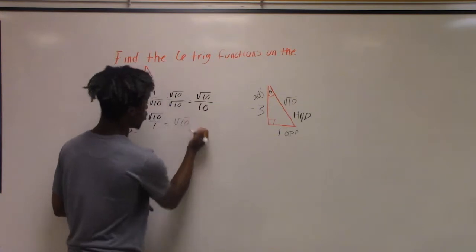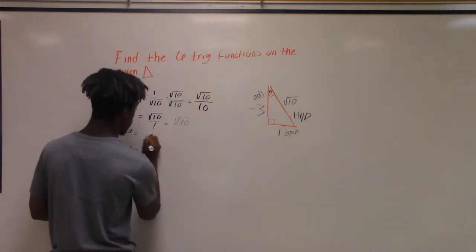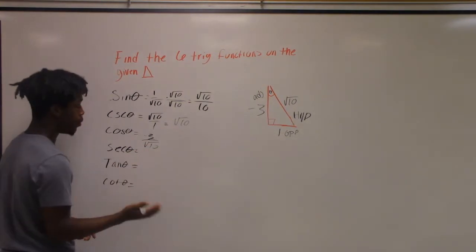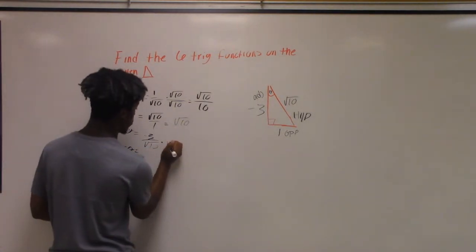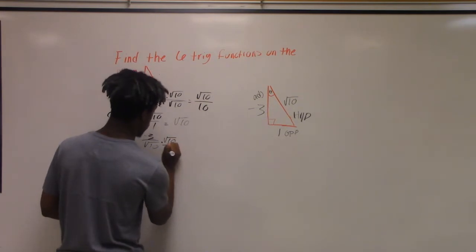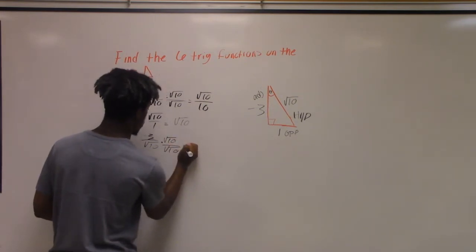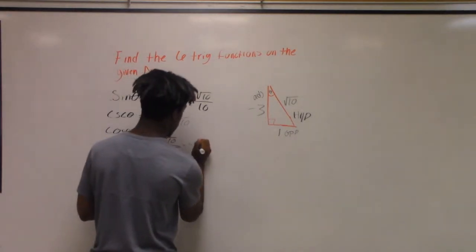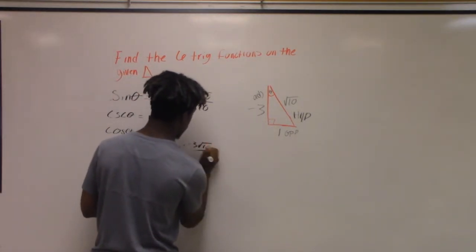Cosine is negative 3 over the square root of 10. Again, there's a radical on the bottom, so you would have to multiply it out. Your final answer would be negative 3 square root of 10 over 10.